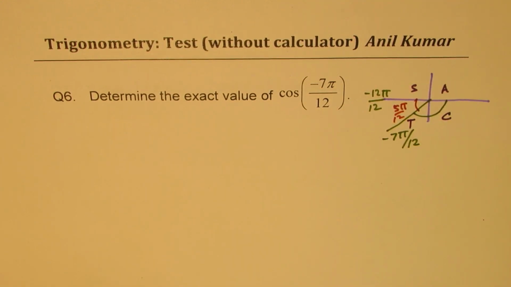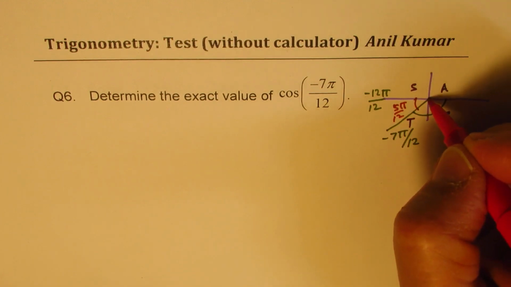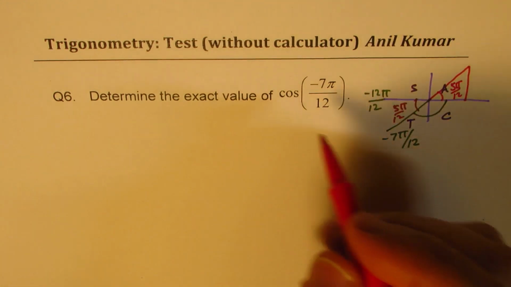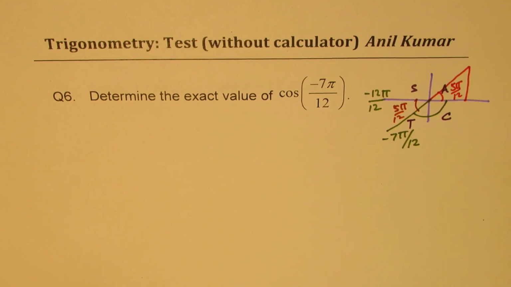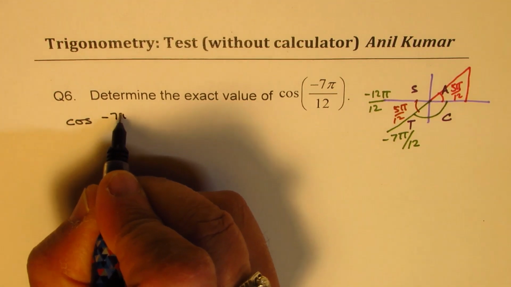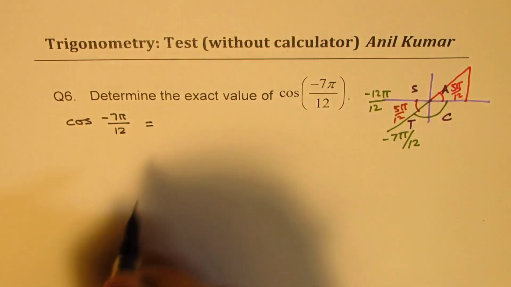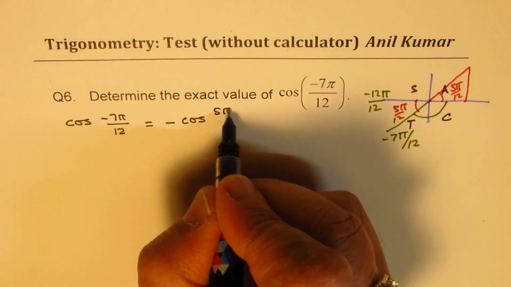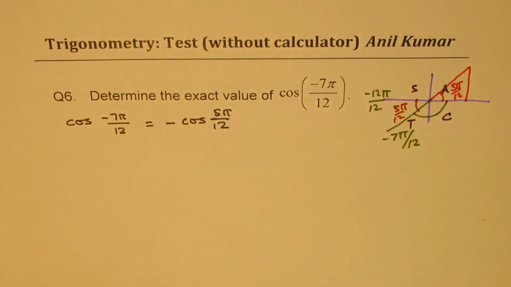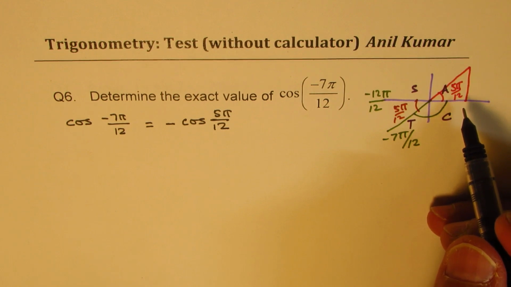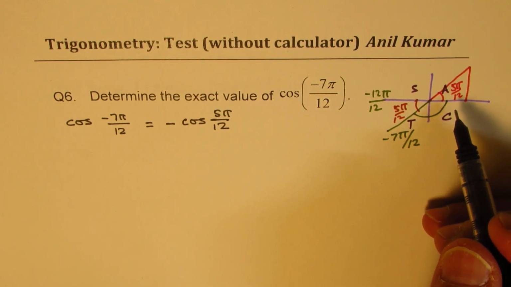So if I sketch it in quadrant 1, a triangle with this angle here as 5 pi by 12, I could write cos of minus 7 pi by 12 as equal to minus of cos of 5 pi by 12. Do you get the idea? So if you do all this, you could write in this fashion. Perfect? You could do that, right?